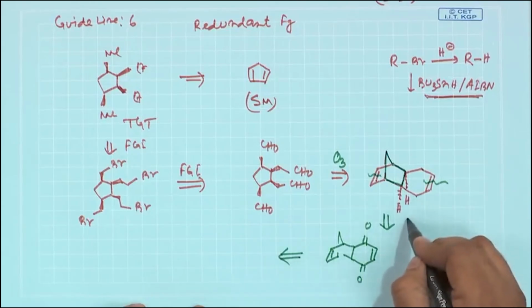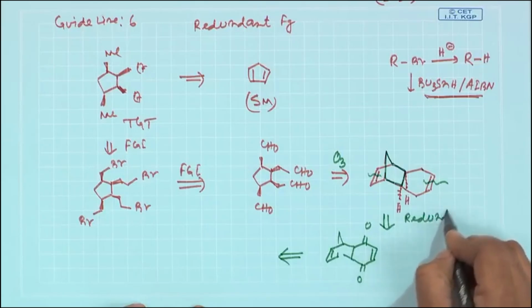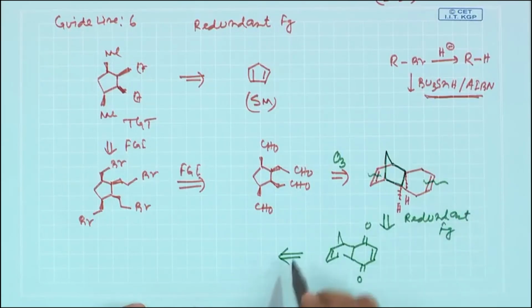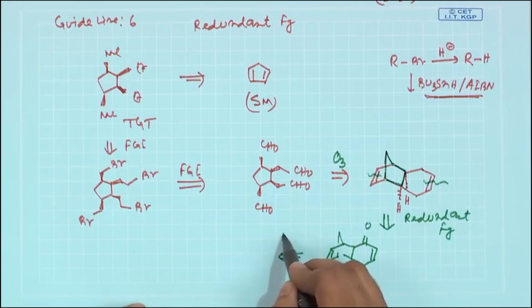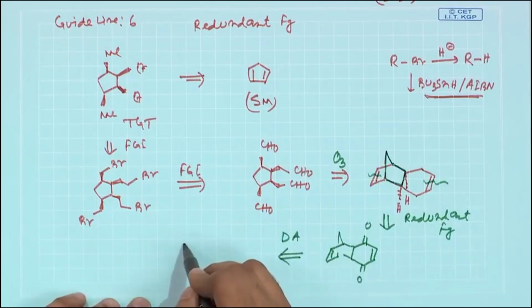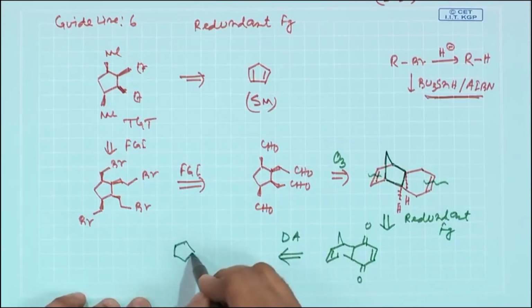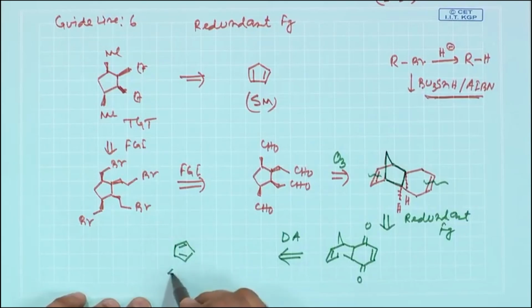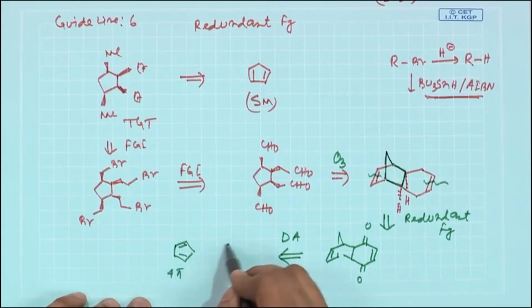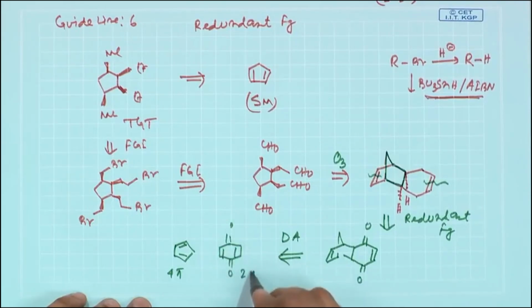This is the concept of redundant FG, and then here is the Diels-Alder retro. So, you can now write a 4 pi system and a 2 pi system, with parabenzoquinone as the dienophile.